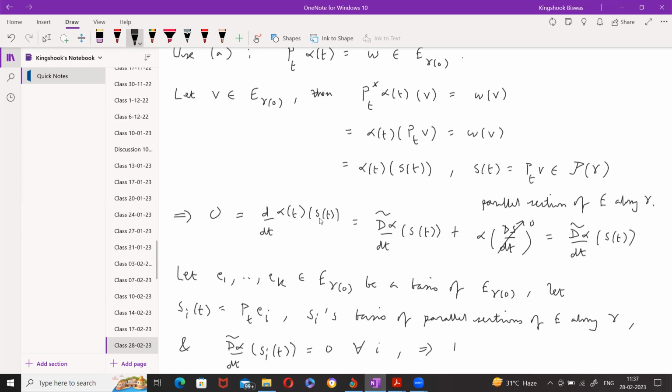So that means that d tilde alpha/dt is the 0 linear functional in E star at gamma(t). So that's it. So that means alpha is parallel, and so we're done. Is this clear? Yes, sir. Okay, that's it.